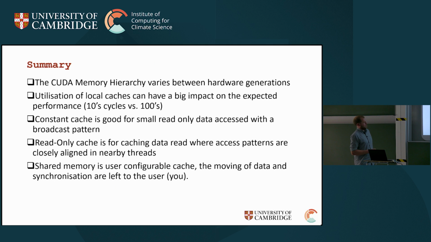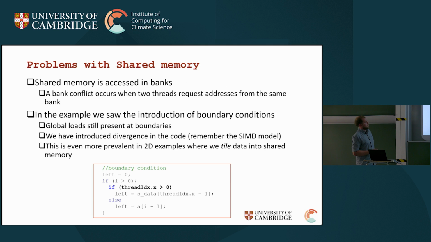I thought I was going to present some examples as to how to avoid that, but I actually haven't, so I'll just tell you what they are. One thing you can do is have a halo region. This is no different to what you do in distributed code, if you're using MPI: you define a halo region in shared memory, and you unbalance your workload slightly. The thread on the left-hand side, you ask to load 2 values, and it loads the halo region.